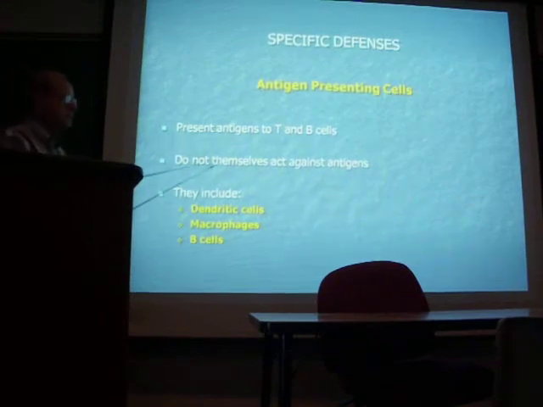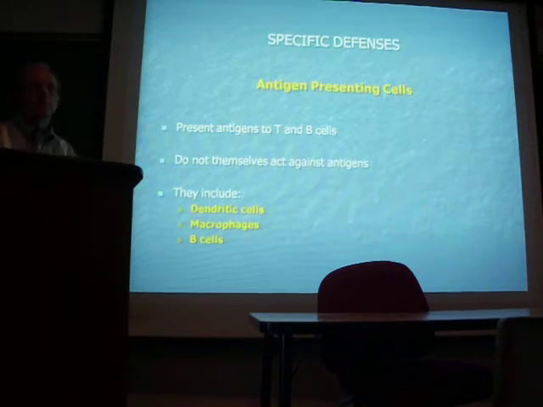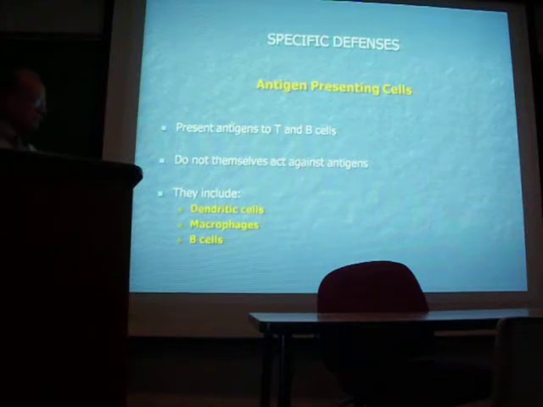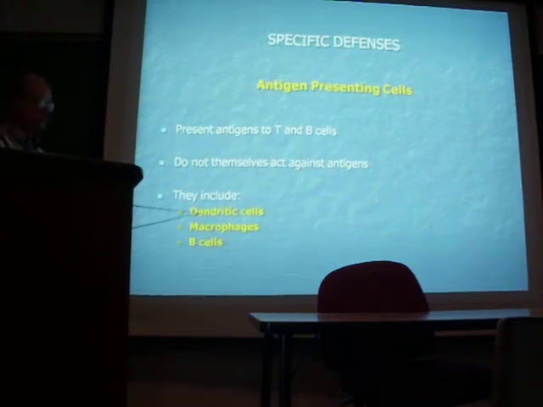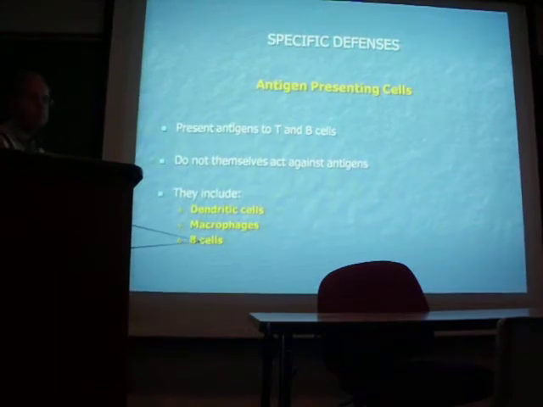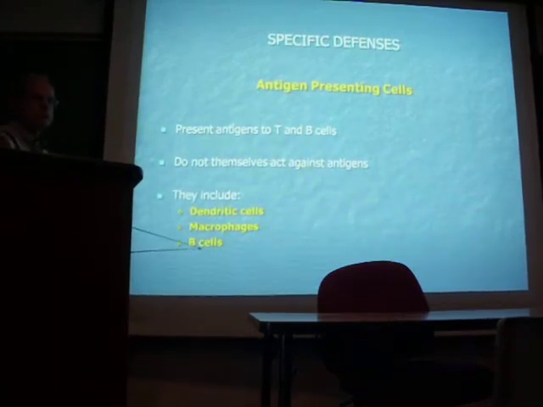But they do not themselves act against the antigens. The cytotoxic T cells do. Now, which ones are the antigen-presenting cells? Well, dendritic cells do, macrophages do, and actually B cells are antigen presenters too.